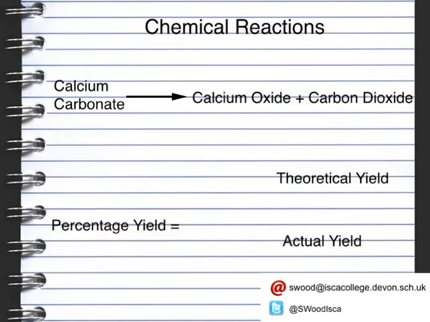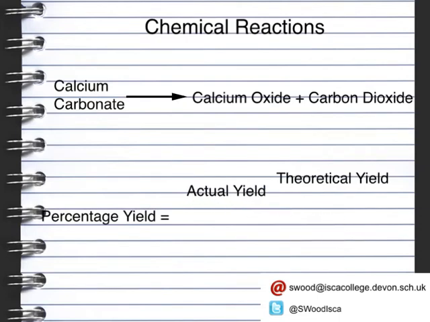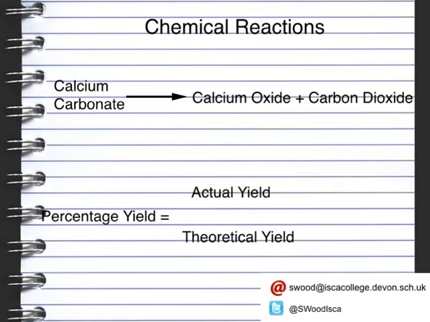So the percentage yield is actually equal to the actual yield divided by the theoretical yield, multiplied by 100.